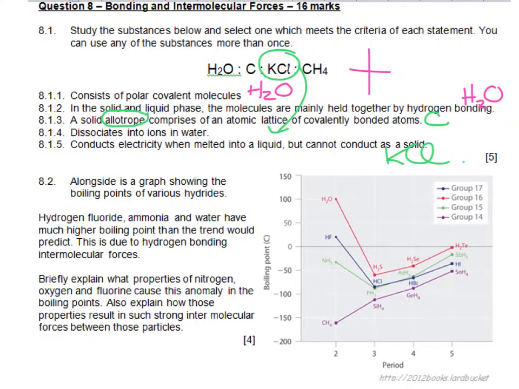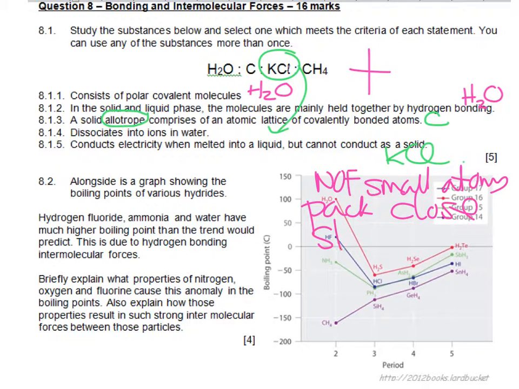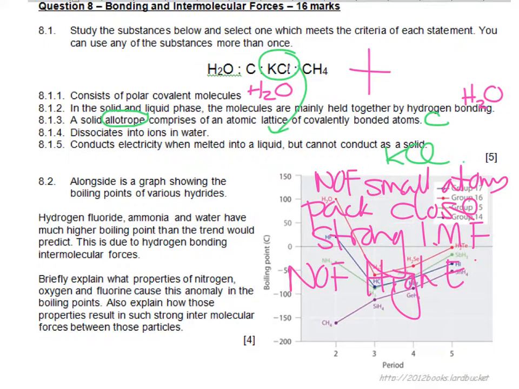So the first thing is that the NOF gases are small. Atoms pack close, strong IMF. NOF gases, high electronegativity, therefore very polar, therefore strong IMF.